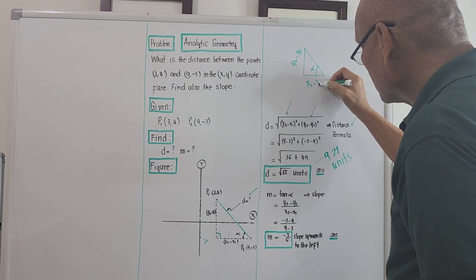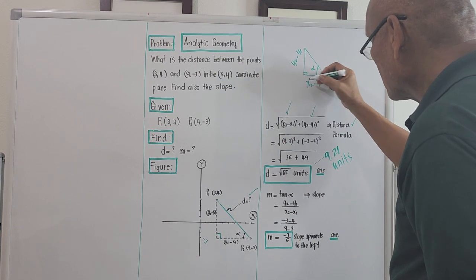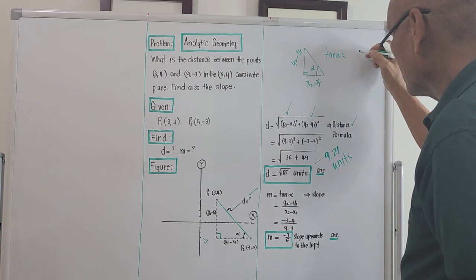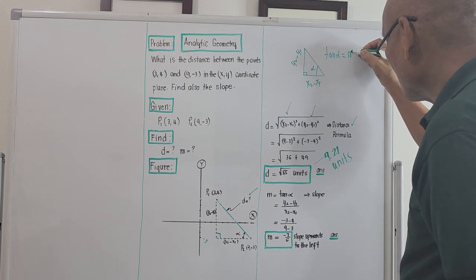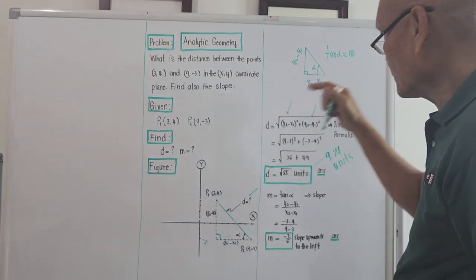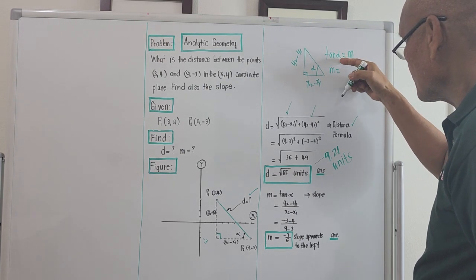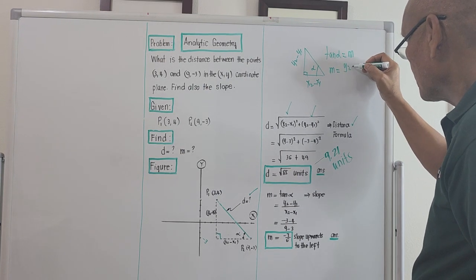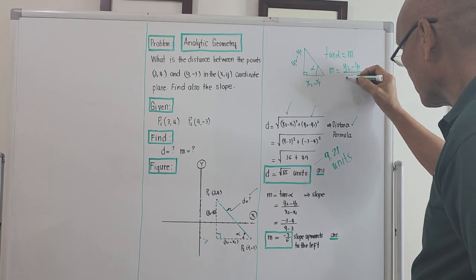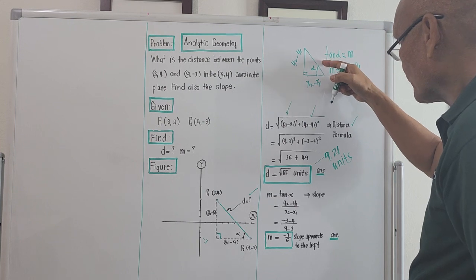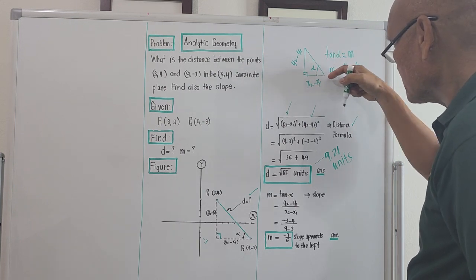This is x2 minus x1. This is a right angle. So if we take the tangent of alpha, which by definition under the study of analytic geometry is equal to the slope m, the tangent of alpha will be y2 minus y1 over x2 minus x1, opposite over adjacent.